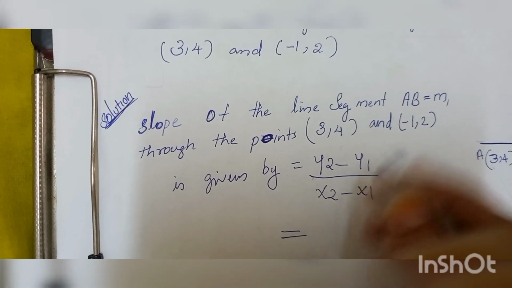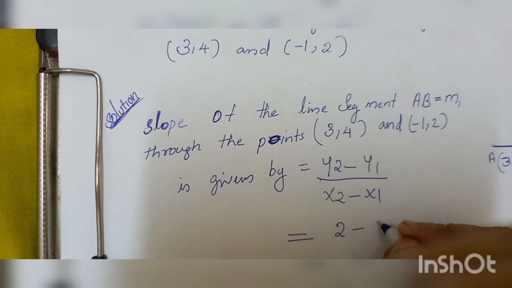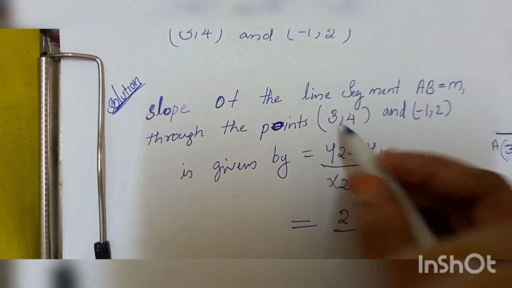So, what is y2 here? y2 is 2, minus 4, all divided by -1 minus 3.